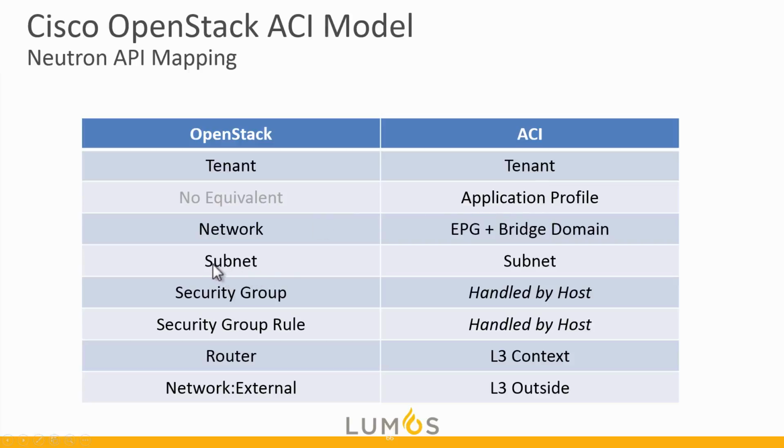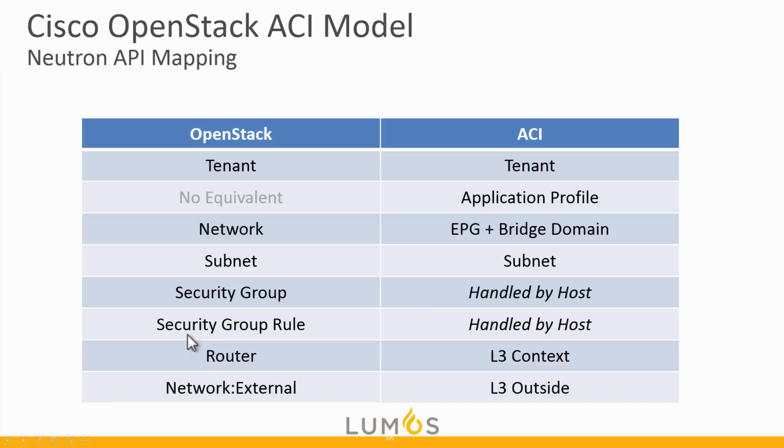So the subnet in OpenStack would create a subnet in ACI. The security group in OpenStack is not going to be pushed to ACI. That's not at all in ACI, so I just have it italicized here. That's handled by the host itself, meaning, let's say, the Linux virtual machine running iptables.